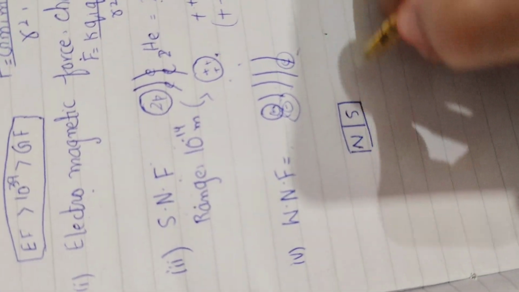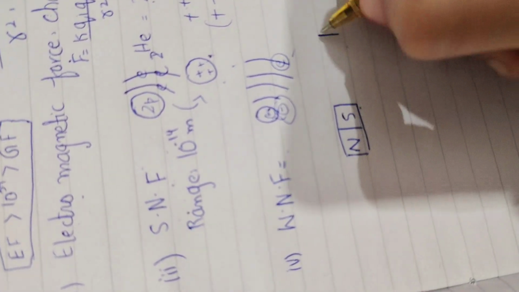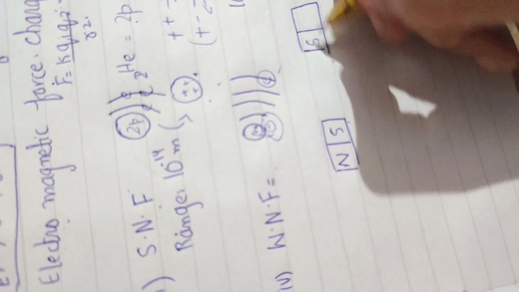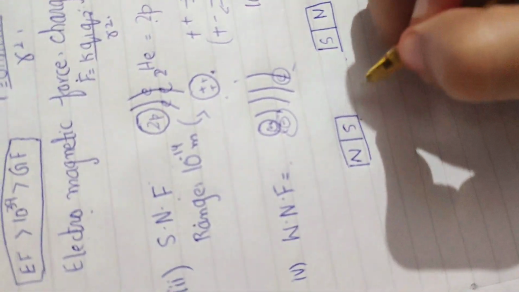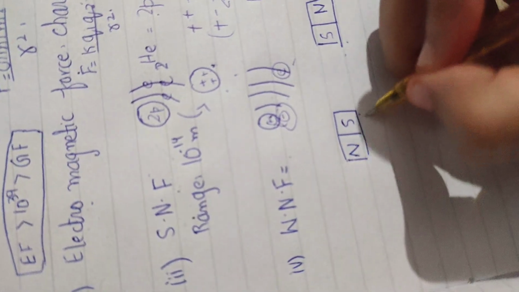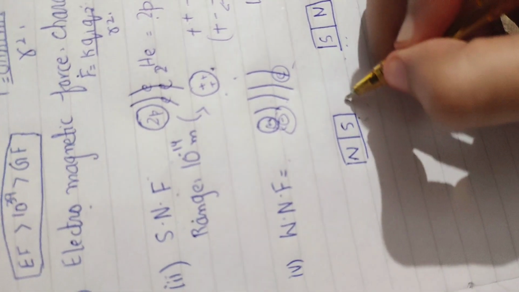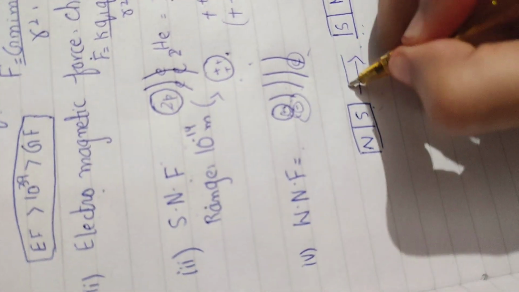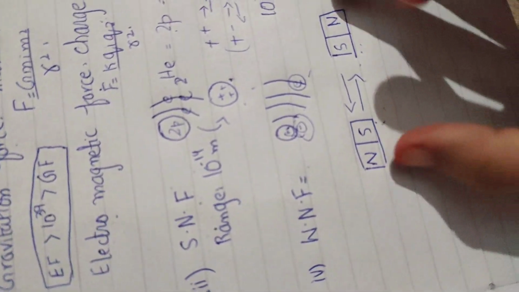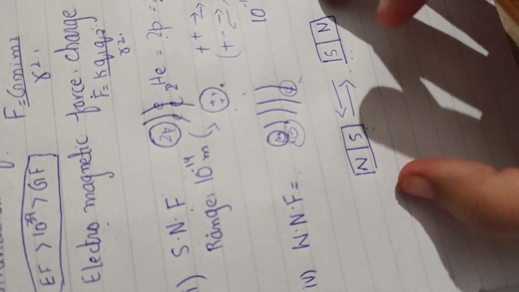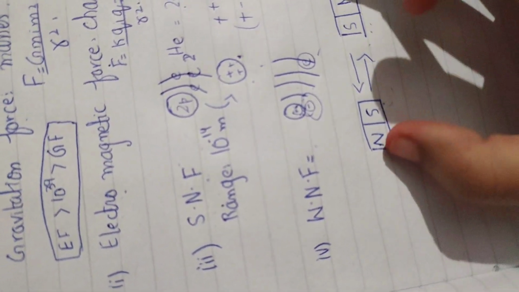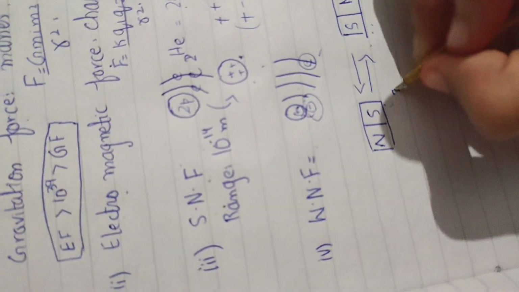We bring this magnet near another magnet, so here we have the south pole and here we have the north pole. They come towards each other without physical contact. That is why these are known as non-contact forces. Electromagnetic force is a non-contact force. The best example for that is magnets.